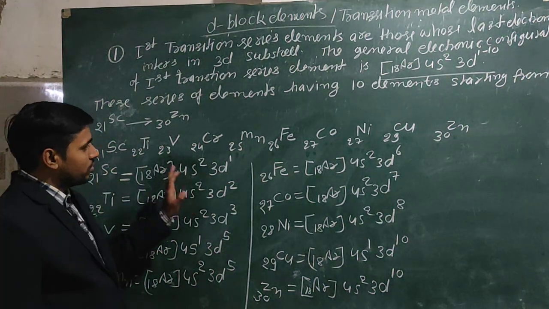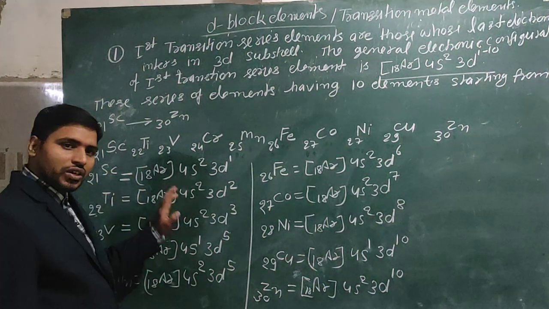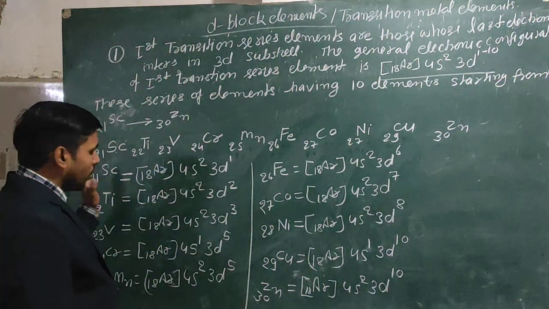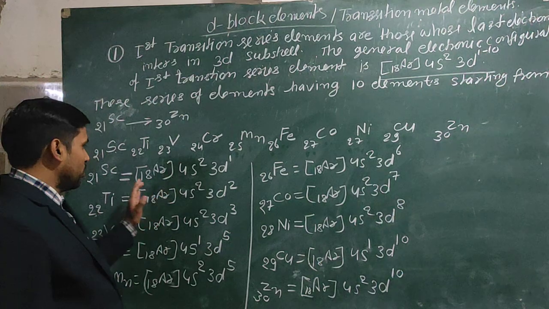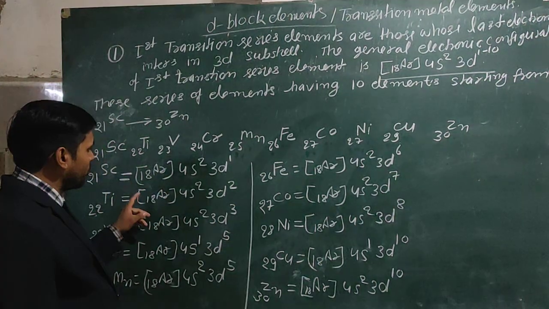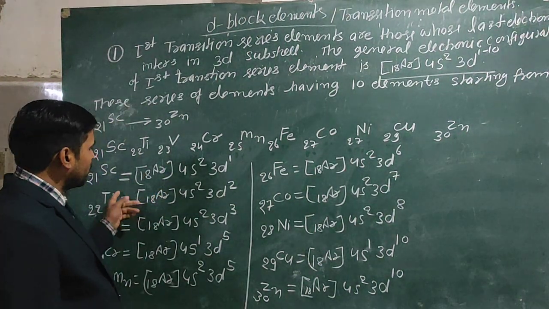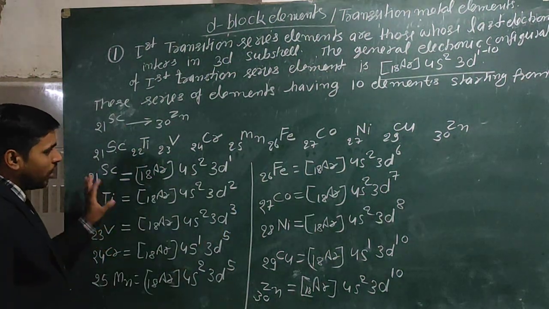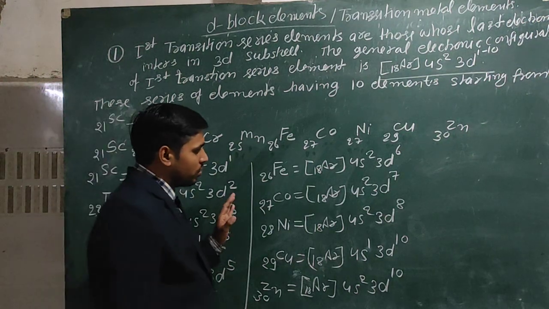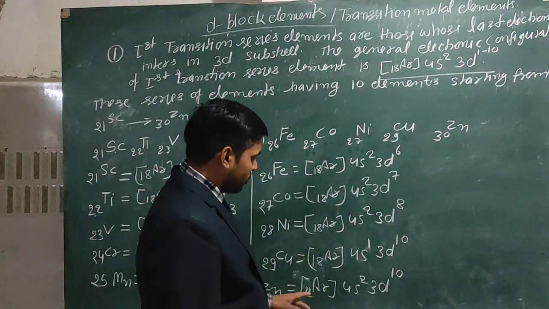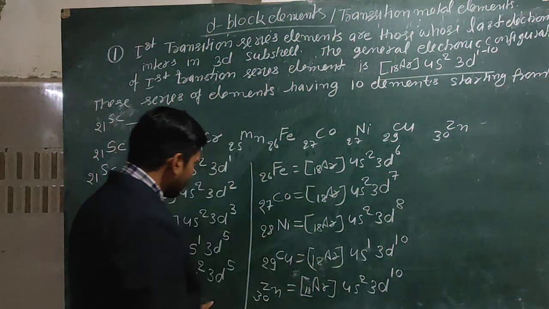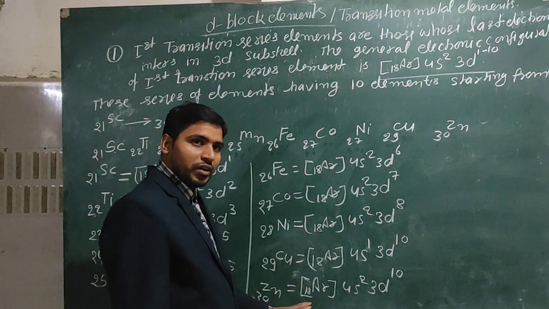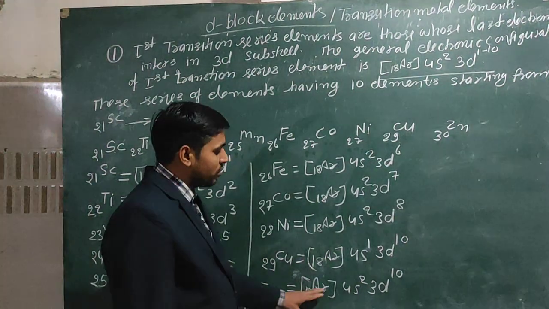In the first transition series, all the elements are present between the S and P block, starting from the third period and group number from 3rd to 12. Zinc, although present among the d block elements, is not a transition metal element.